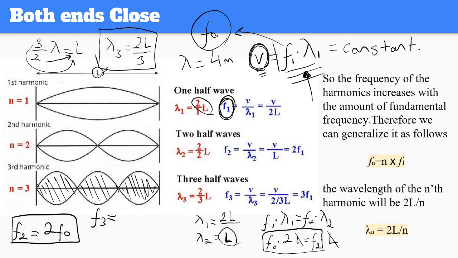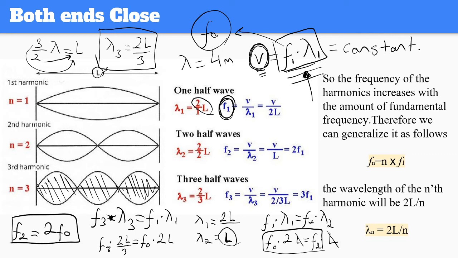And let's again revisit this equation. F3 times lambda 3 is a constant number, which is F1 times lambda 1. Your F1 is F0, and your lambda 1 is equal to 2L, and your lambda 3 is 2L over 3 and F3.